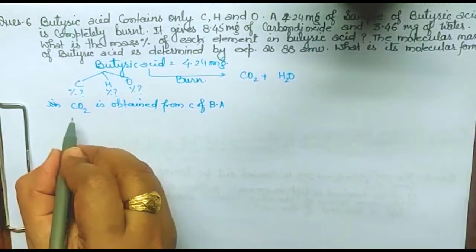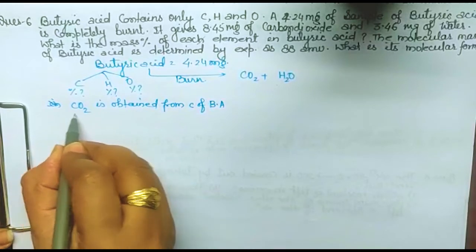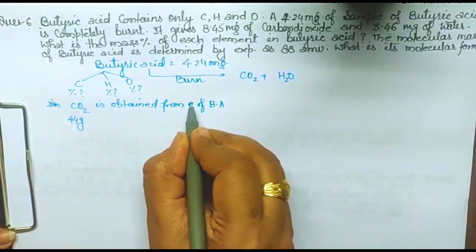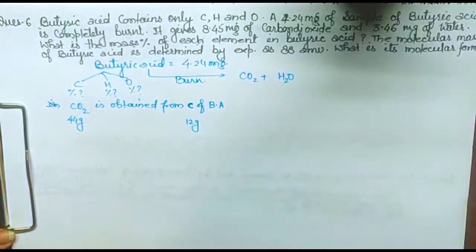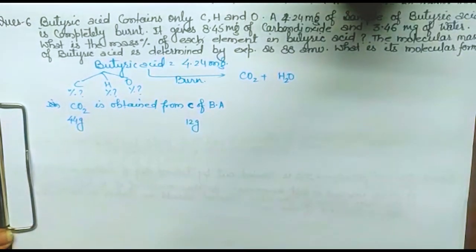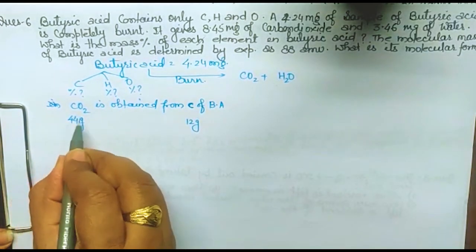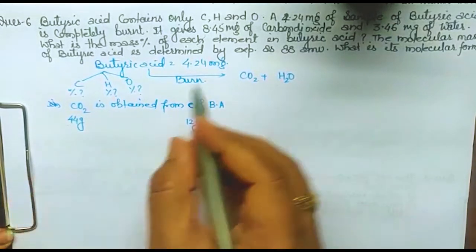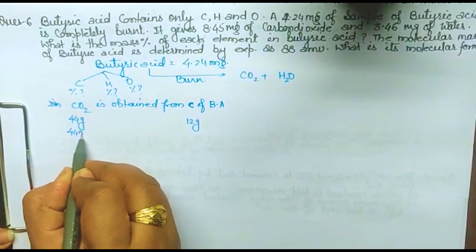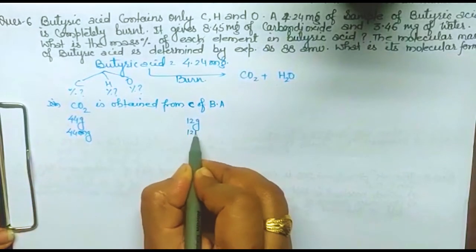The molecular mass of carbon dioxide is 44 gram, and this carbon is 12 gram. So 44 gram of carbon dioxide is obtained from 12 gram of carbon. Taking it in milligram, because everything is asked in milligram, 44 milligram will be from 12 milligram.